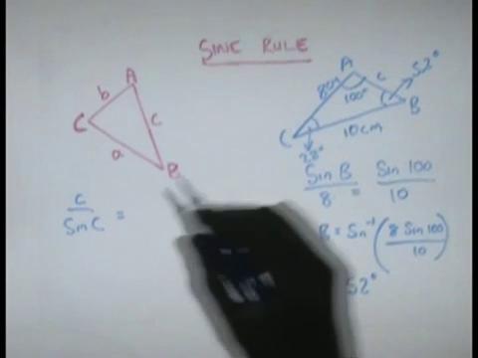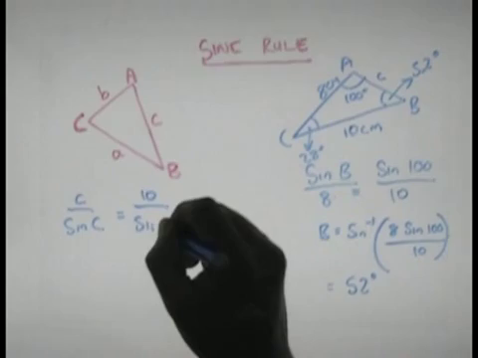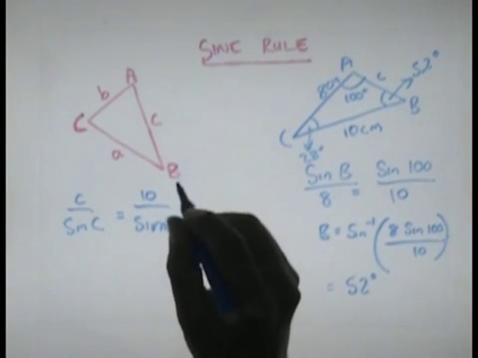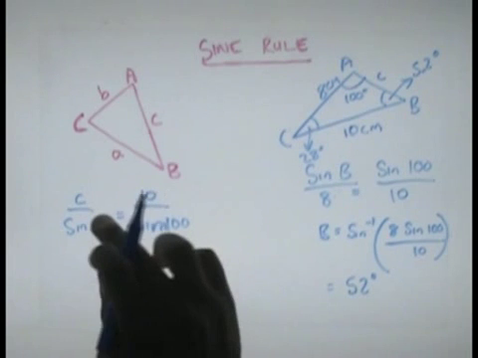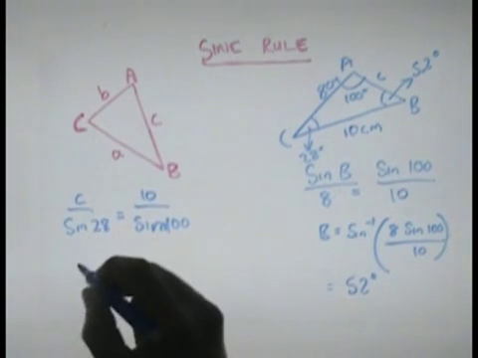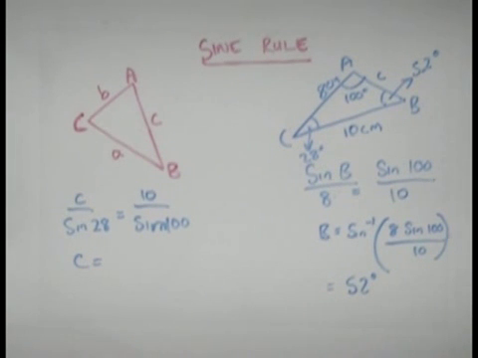C over sine C is going to equal A, which is 10 over sine of 100, which means that, well, it's sine C, but it's sine of 28. That means that C is equal to 10 times sine 28 over sine 100.